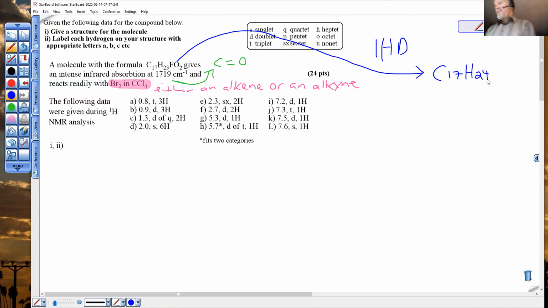I have corrected the formula to get rid of the halogen, and oxygens are ignored because they do not change the number of hydrogens. The parent molecule that has 17 carbons and no IHD, which means there's as many hydrogens in the formula as possible, is C17H2 times 17 plus 2, which is 36. We have a difference of 12. Remember, IHD is pairs of hydrogens. So our IHD is 6.